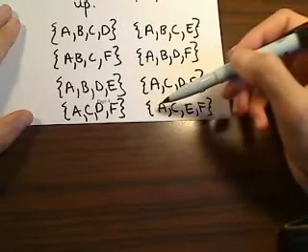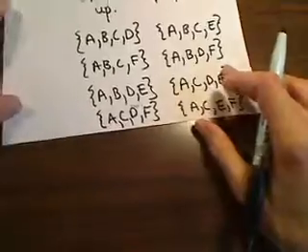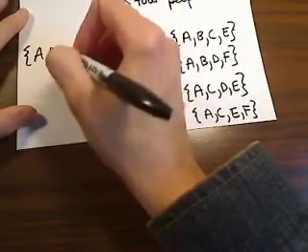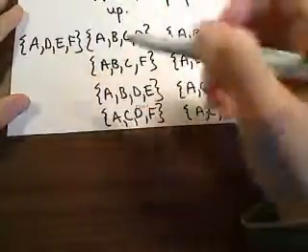Yes, okay. So now we need to do combinations with A and D. So you could have A with D, E, and F, and that would be it. That's all combinations of A.